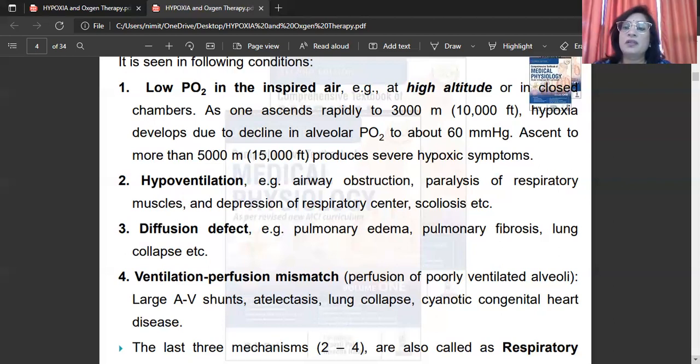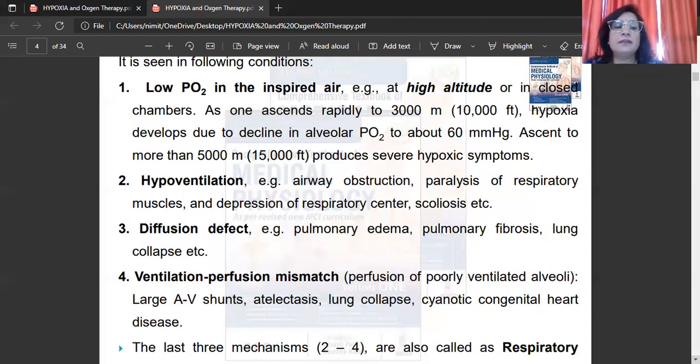These all conditions will lead to hypoventilation, so it will lead to hypoxia. So which conditions have we studied? Yes, very good: airway obstruction, paralysis of respiratory muscles, depression of the respiratory centers, or scoliosis, causing hypoventilation.